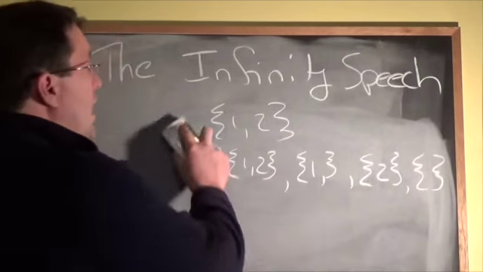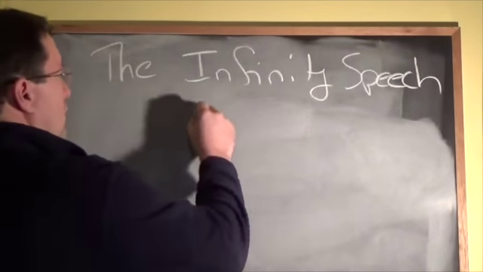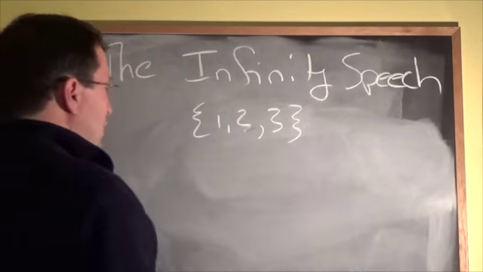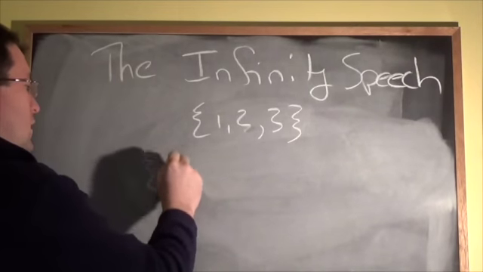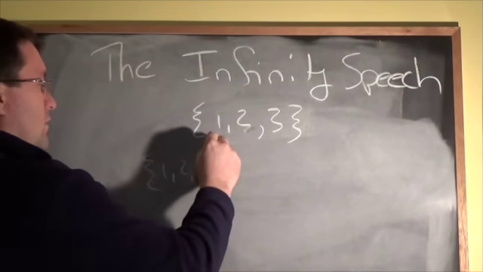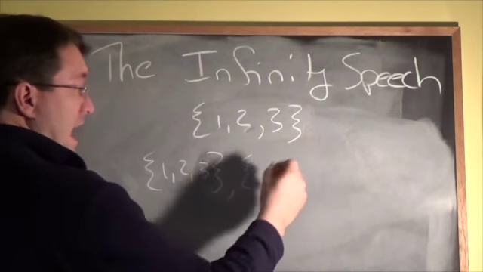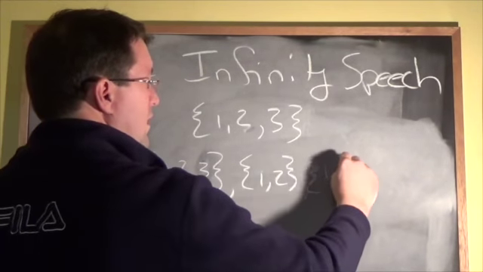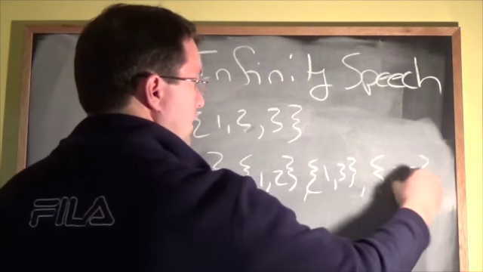Now, let's say that I've got 3 numbers: 1, 2, 3. Let's talk about all the subsets of that set that you can create. Well, I could have all 3 of them. Or I could have just 2 of them, which leaves me with 1, 2; 1, 3; 2, 3.